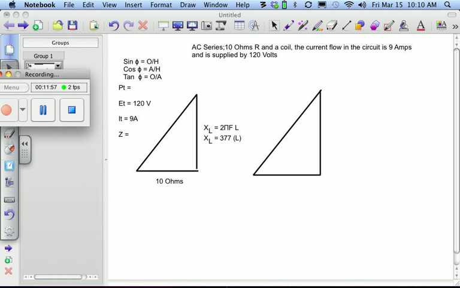Now we need to find the impedance first of all, right? Because that'll give us an angle at least, right? So if we just divide 120 by 9, that'll give us our total impedance, right? 120 divided by 9 is 13.3333.